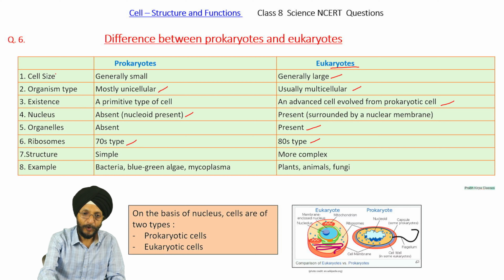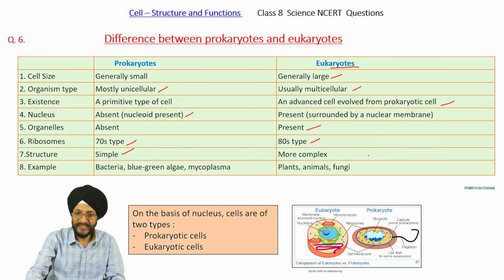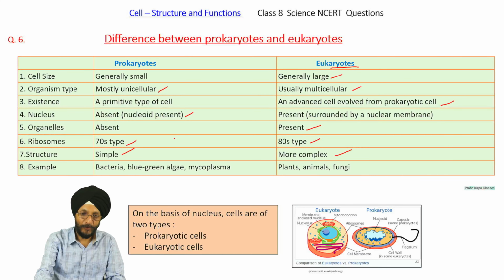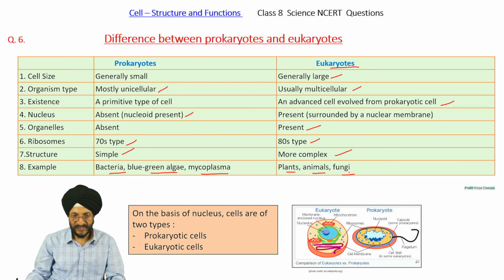In the case of prokaryotes, the structure is simple, whereas in the case of eukaryotes, the structure is more complex. Examples of prokaryotes are bacteria, blue-green algae, mycoplasma, whereas the examples of eukaryotes are plants, animals, and fungi.